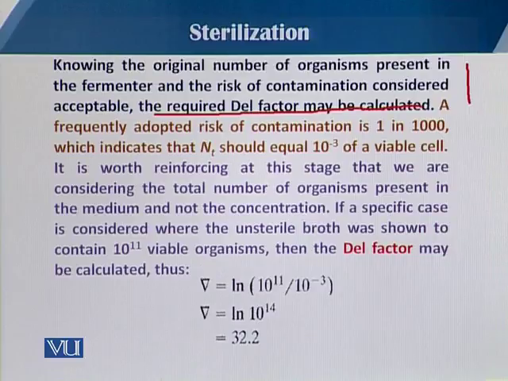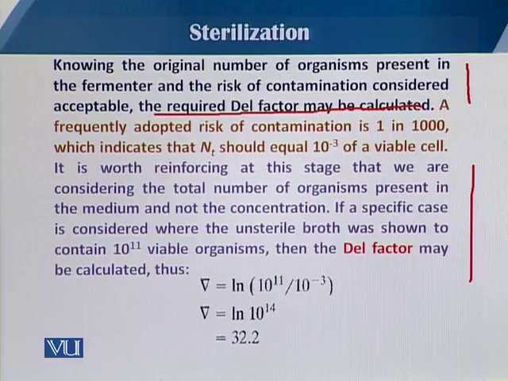If the adopted risk of contamination is 1 out of 1000, that indicates N_T should be equal to 10 raised to the power minus 3 viable cells. It is worth reinforcing at this stage that we are considering the total number of organisms present in the medium and not the concentration of organisms in the medium.